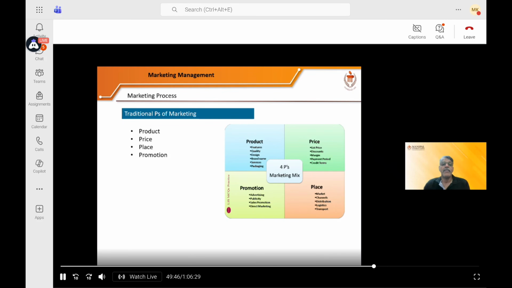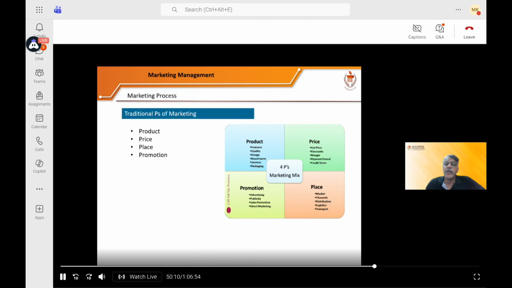These 4 P's play a very important role in helping the manufacturer decide about the features of the product, where the product has to be sold, what can be the value of the product, and how you are going to promote the product in the market.